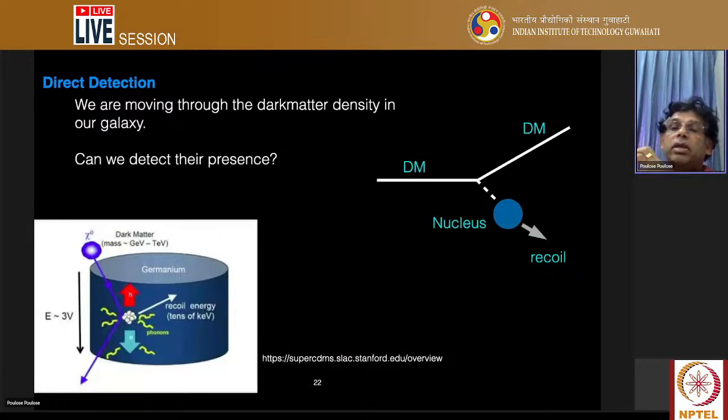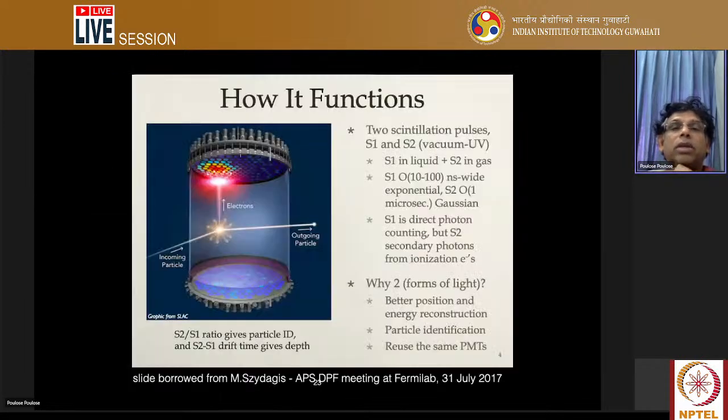This will result in a recoil of the nucleus, and since that nucleus is in a big, large detector volume, it will interact with the other particles in the medium there, and then it will bring out its excitation energy in terms of photons. These photons can be detected by photon detecting devices like photomultiplier tubes or cameras or things like that. So essentially, that is how you find it.